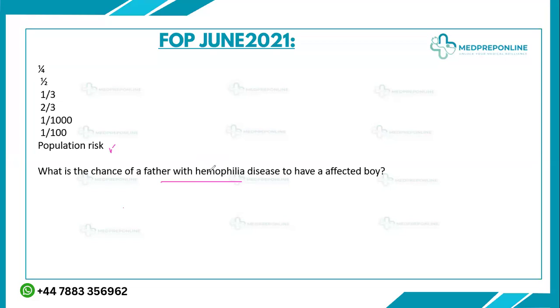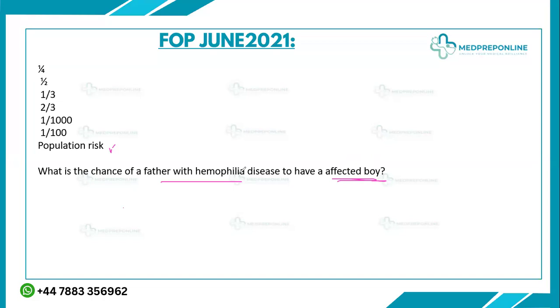Even if a mother is affected, what will be the case? They are talking about the father having the disease and an affected boy. If suppose the mother is a carrier, what will happen? If the mother is a carrier, she can transmit the disease, but here they haven't mentioned that, so how can we suspect it?